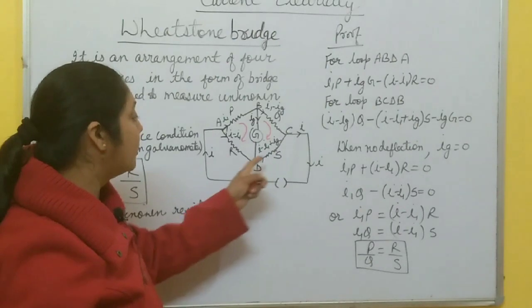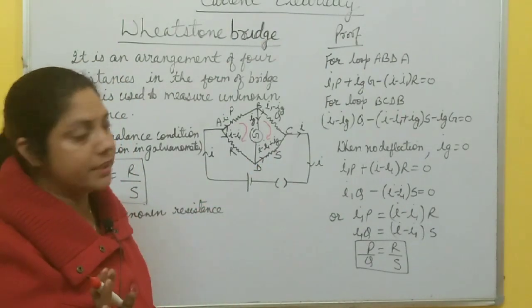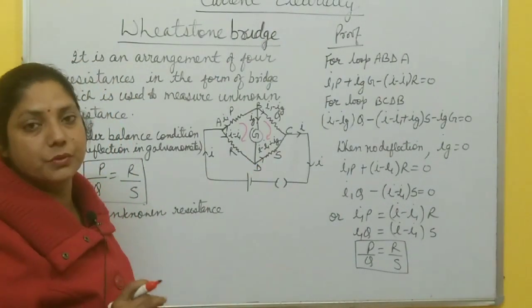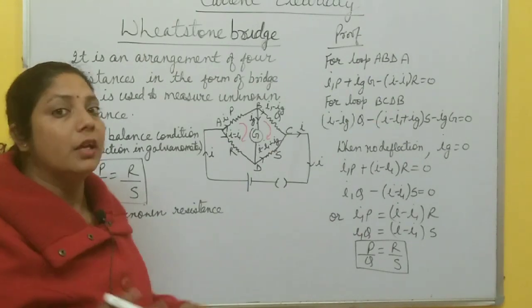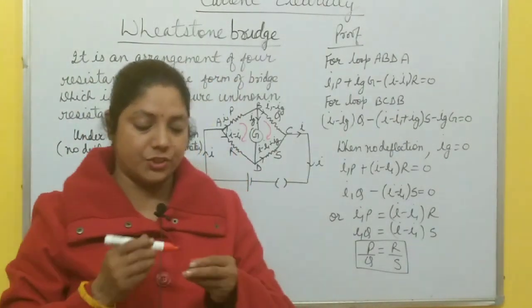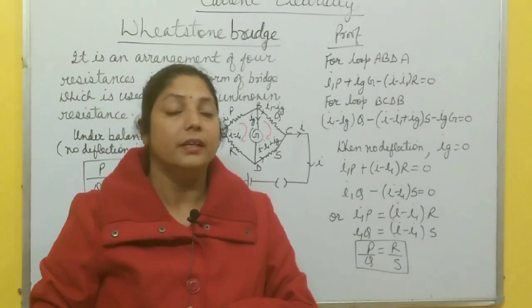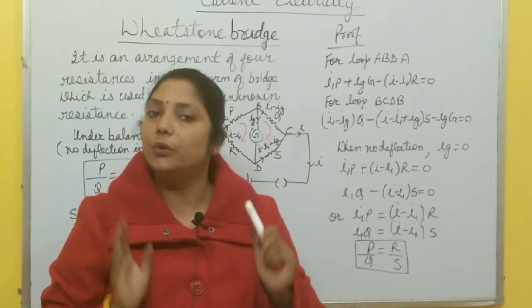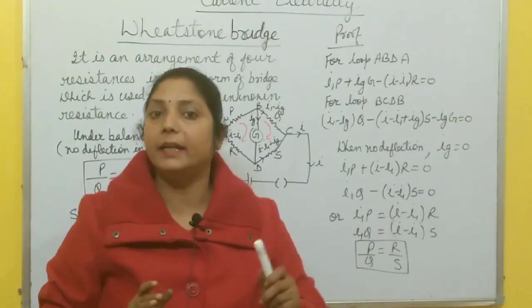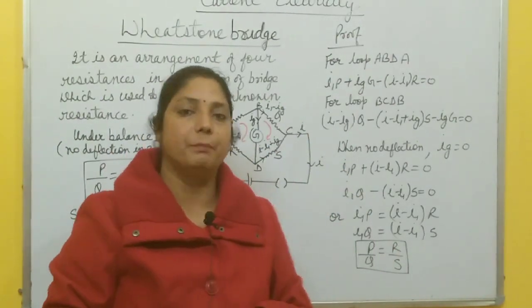Then you can easily calculate the value of the 4th unknown resistor using this Wheatstone bridge under balanced condition. Now what is the balanced condition? If no current flows through the galvanometer, it means the galvanometer shows no deflection, and at that time the bridge is said to be balanced.